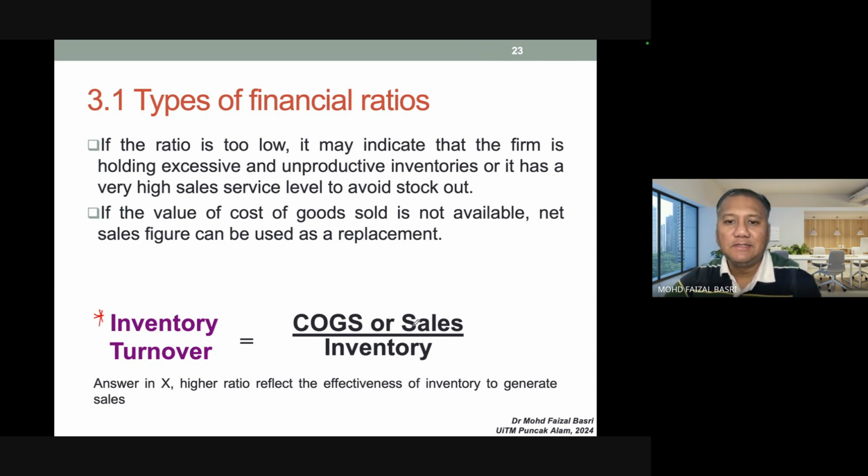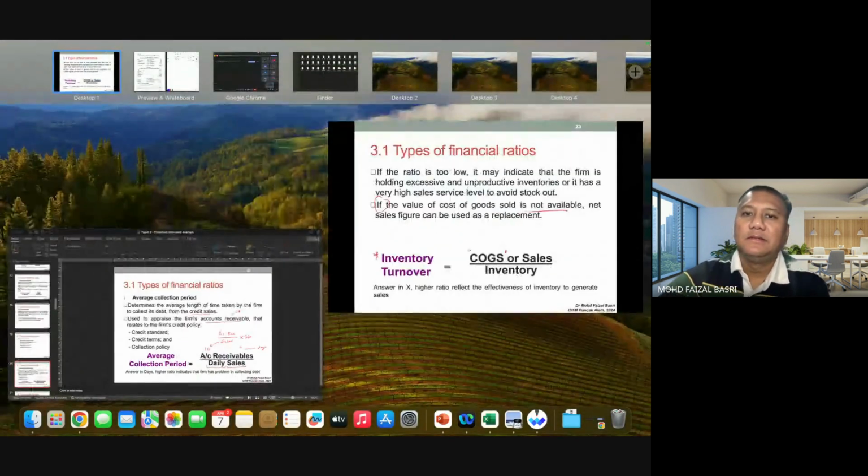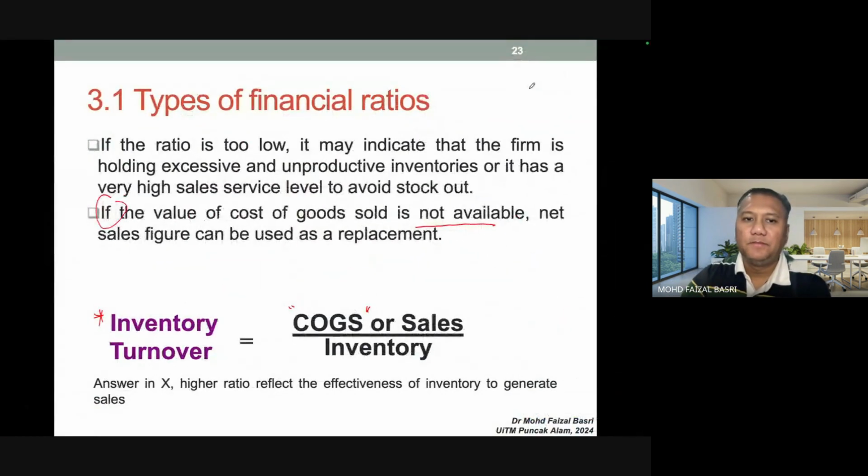instead of using sales, the priority given is to use cost of goods sold. Okay, the cost of goods sold is preferred when we calculate inventory turnover. However, if the value of cost of goods sold is not available, then we can use the sales figure.